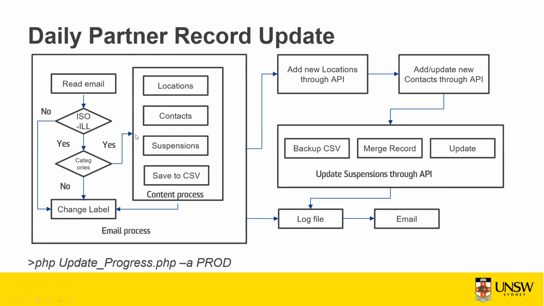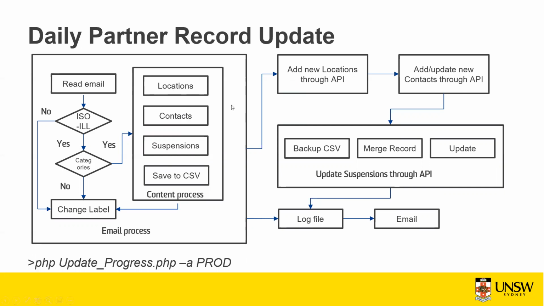First, the script puts the content into an email container. Then we look into the email content to see whether it contains information like locations, contacts, or suspensions. If so, we extract that information and put it into separate object containers.